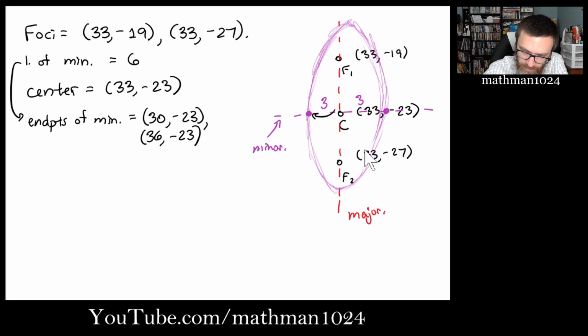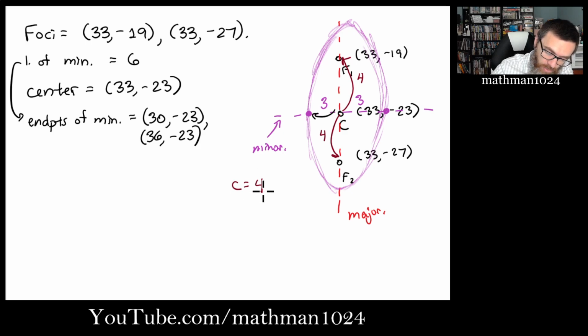We know the distance from the center to a focus. It goes from negative 23 to negative 19. So this is a change of 4. And you can see that down here as well. From negative 23 to negative 27 is a change of 4. So that tells me that my C value is 4.